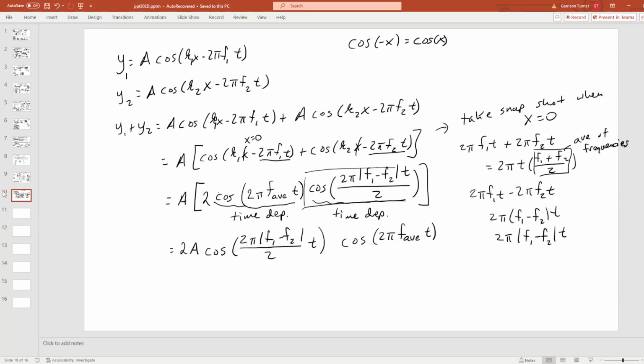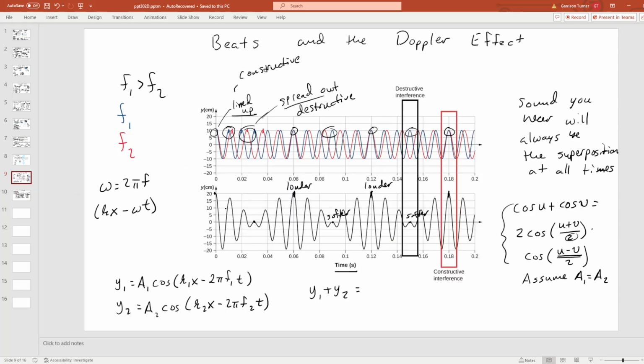And so you have 2 cosine functions running through here. One of them is the inner portion, this part of the signal right here. The other one is the envelope. And what we mean by the envelope is this.